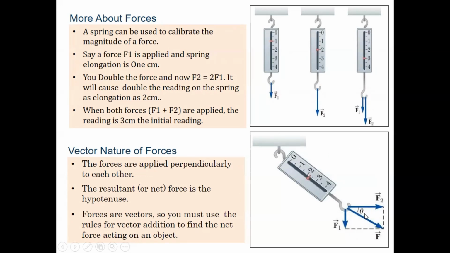The components along the x direction and the y direction are shown as F1 and F2. If we combine the vector sum of these two forces, it will lead us to the resultant vector. So forces are vectors, and we can use the laws of vector addition to find out the net force acting on an object.